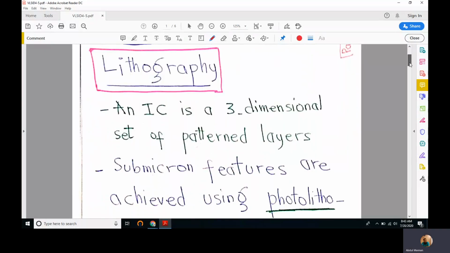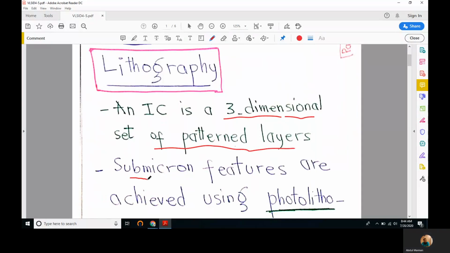We already know that an IC is a three-dimensional set of patterned layers. They are not in two dimensions, but in three dimensions, and all turns are at 90 degrees.